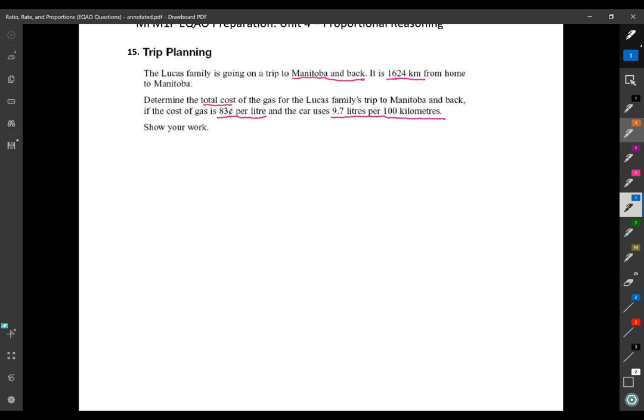So I want to know the total cost of the trip in gas? Well, the amount of the cost depends on the number of liters, right? But the number of liters that the Lucas family purchases depends on distance, right? The number of liters depends on distance.